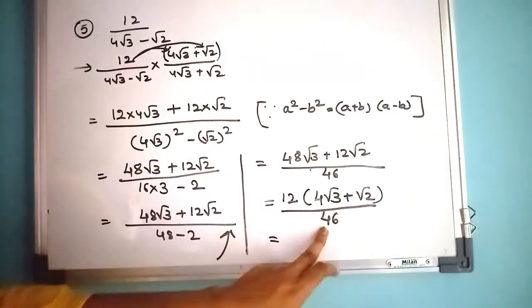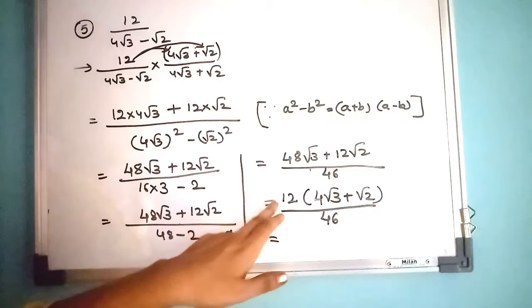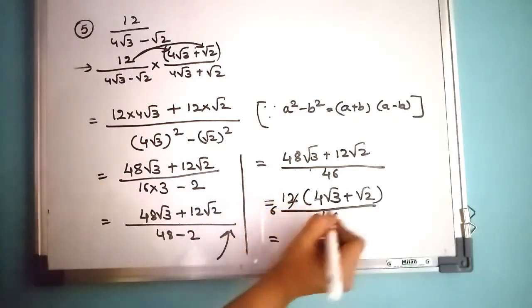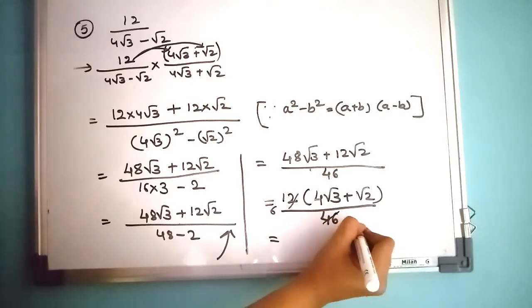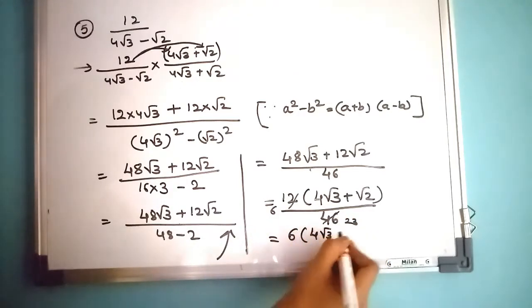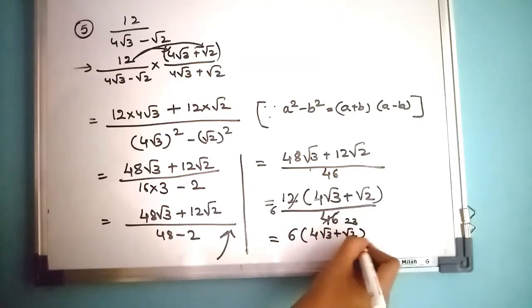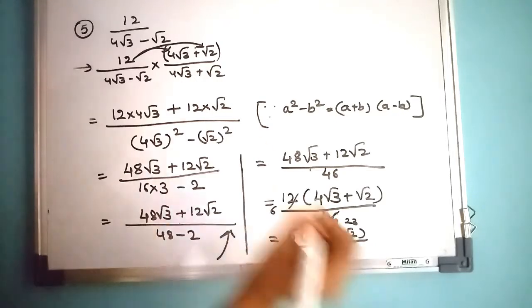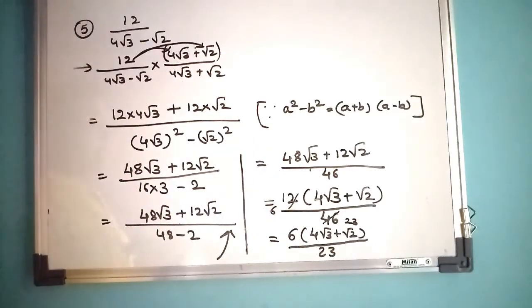Now 46 and 12 both are simplified by 2. So 2 sixes are 12, 2 twenty-threes are 46. So 6 into 4 root 3 plus root 2 upon 23. That's the answer for this question. We have to simplify till it is fully simplified. Thank you for watching all the videos.